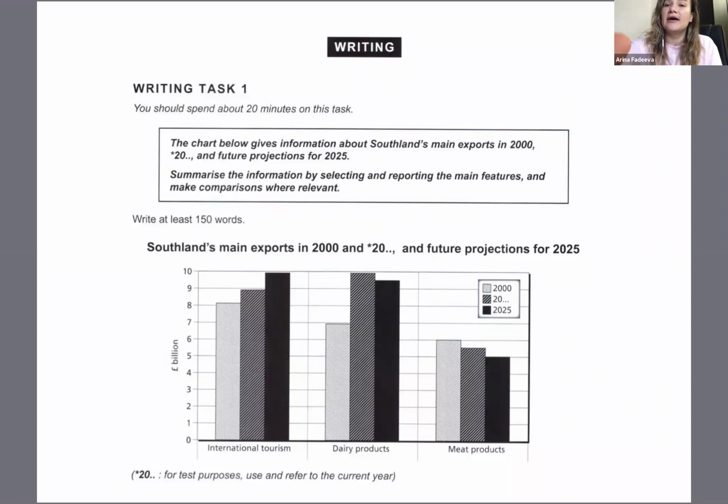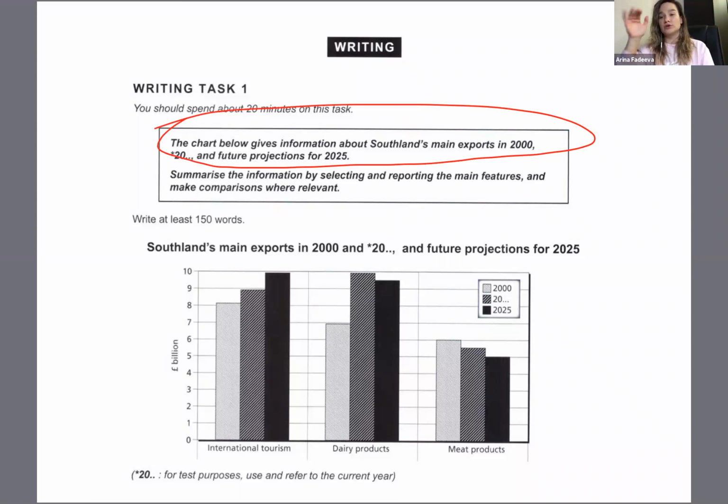So you have a task here. It says what, where, and when, what the graph is about. This is a bar chart, okay, because we see these bars. And this is a typical task for IELTS.